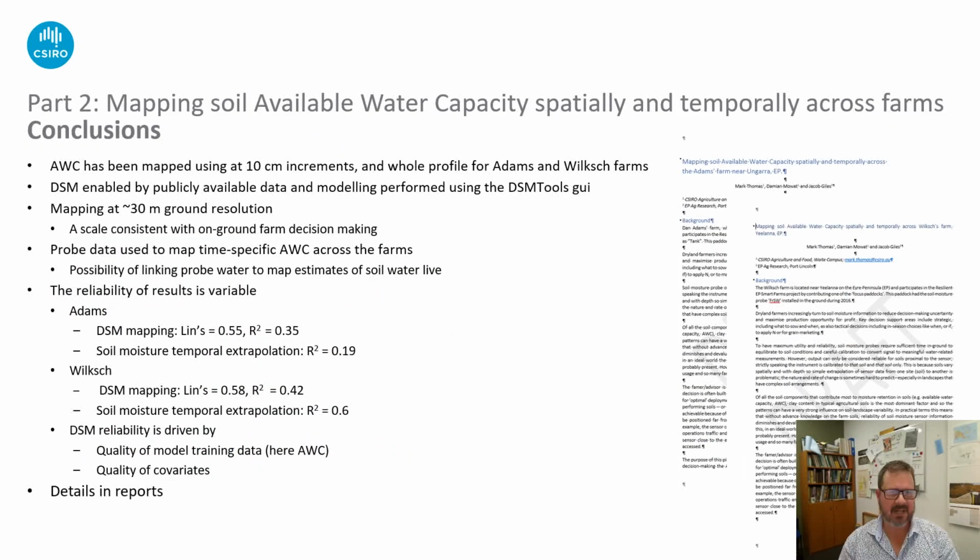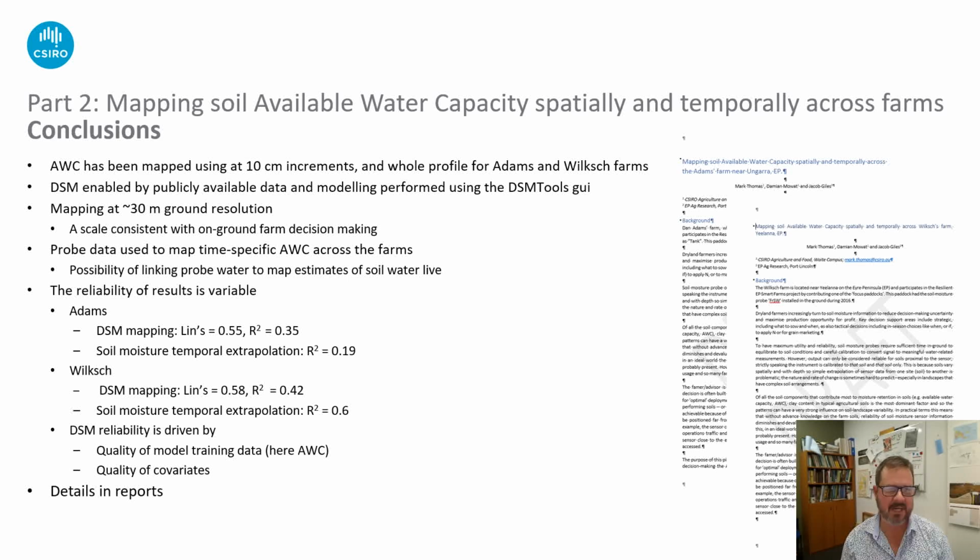To wrap up, AWC is mapped using 10 centimeter increments for the whole farms. DSM has been publicly enabled by public data sets and covariates, and we use the DSM tools, which are available for users to reduce the learning curve for anyone who wants to apply this method.